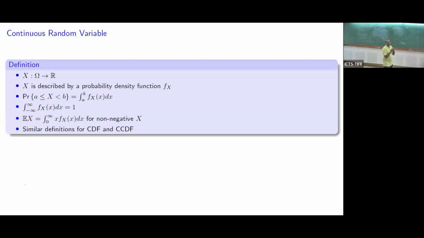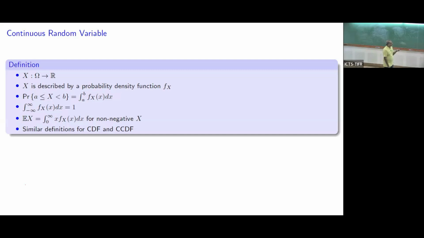For example, if you think about looking at the random variable's outcomes again and again, the fraction of time you get to see a single value will be zero, because the values will keep changing. That's the intuition.